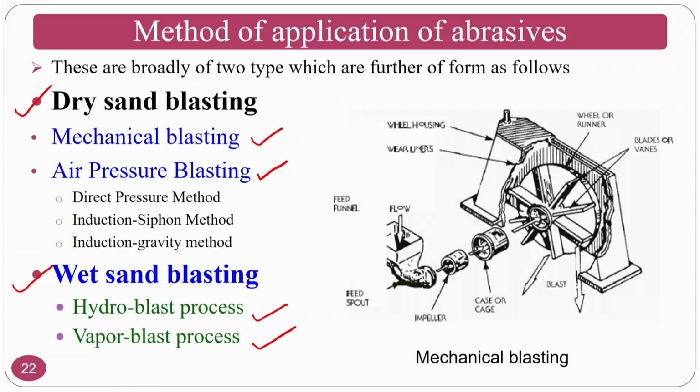If you see mechanical blasting, you have a feed where you are flowing the abrasive particles, with impellers, and you blast on the surface and this surface will be cleaned. You have compressed air as well as abrasive particles which you are blasting on the surface.